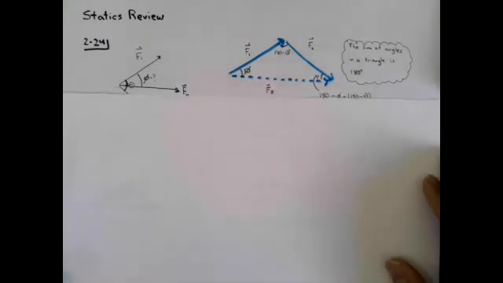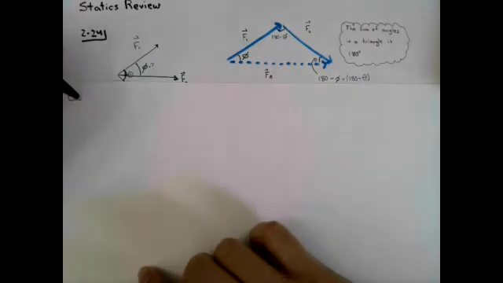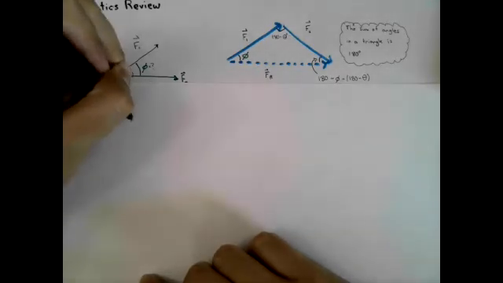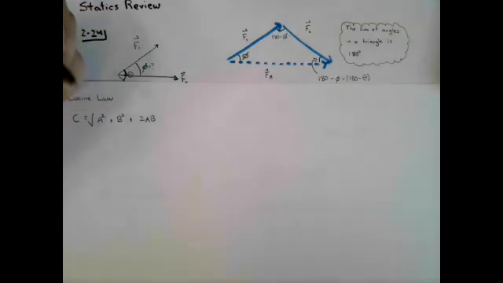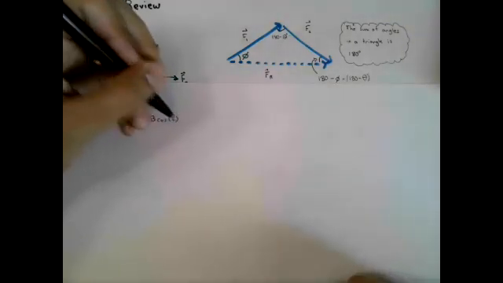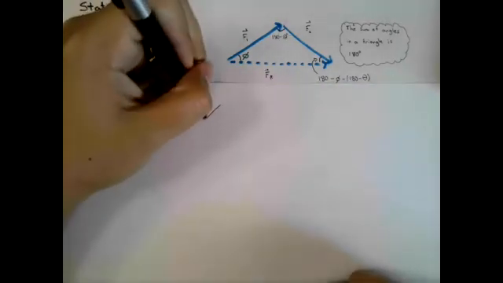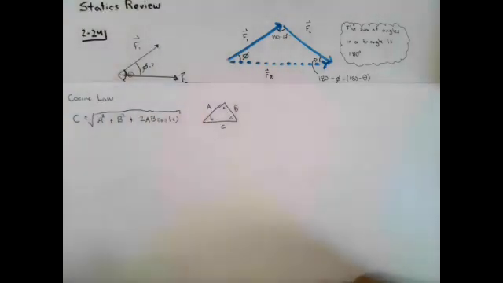Now, if we need a review, then what the cosine law tells us is that a side C of a triangle is equal to the square root of the square of side A plus the square of side B plus twice the product of the magnitude of sides A and B times cosine of its opposite angle. And once again, that is the cosine law, but for a triangle with sides A, B, C and opposite angles A, B, and C respectively.